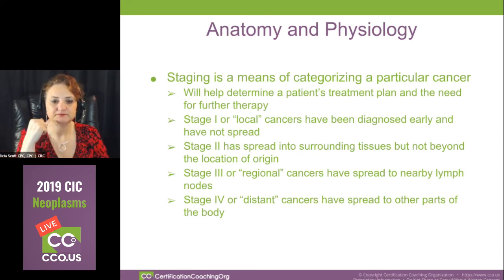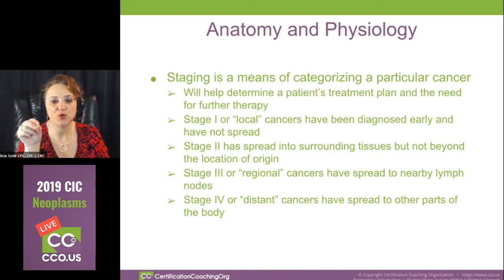And we agree. So if you have stage 1, that means the cancer has not spread, it's localized, it stayed right there. So my mother had stage 1. Had it spread to surrounding tissue, but not past the origin, it would be stage 2. Okay. If you have stage 3, that means it's regional, it's spread, and it's gone into the lymph nodes.